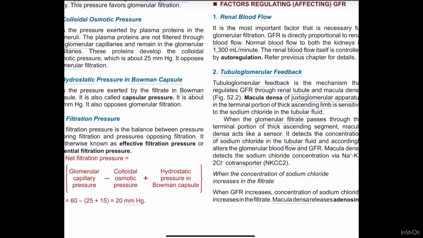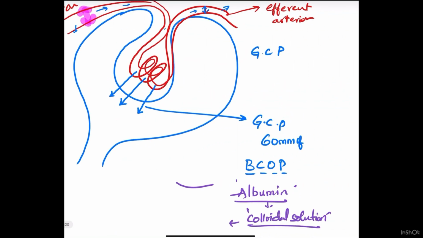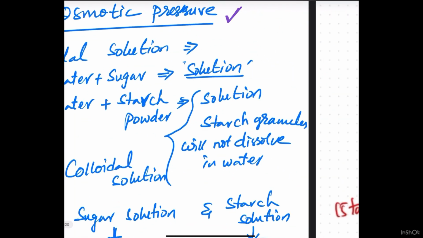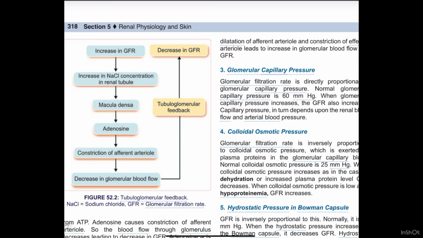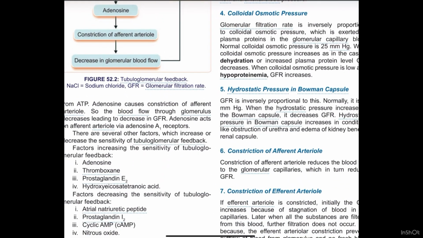When the concentration of sodium chloride increases in the filtrate, the GFR is going to decrease. When sodium chloride increases in the filtrate, the macula densa releases adenosine from the ATP.